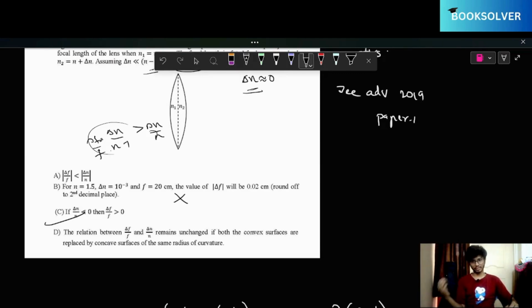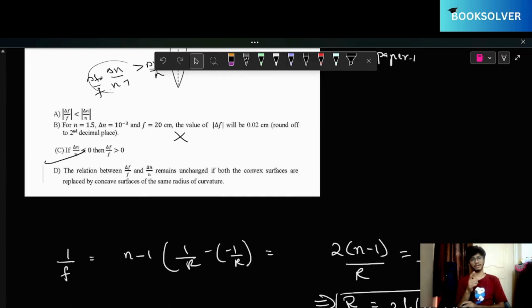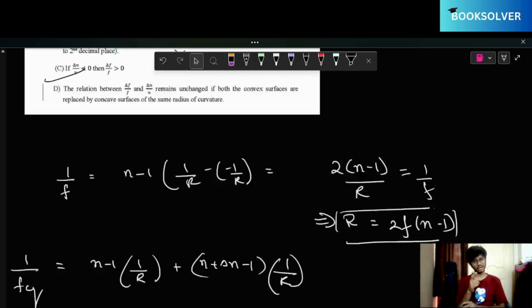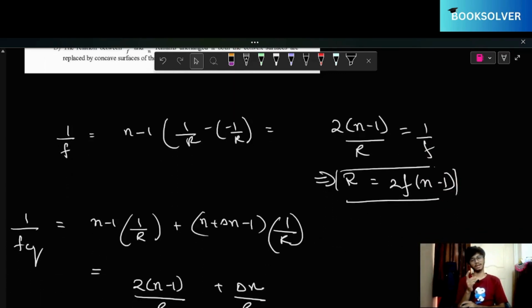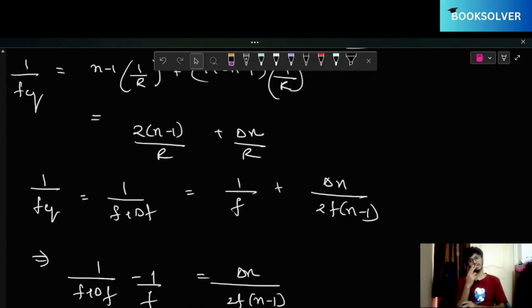The relation of delta F by F and delta N by N remains unchanged if both the convex surfaces are replaced by concave surfaces of the same radius of curvature. If they were replaced by concave surfaces, the focal length will become negative. We will get the radius to be minus, and again this will be minus, so this whole will become minus.